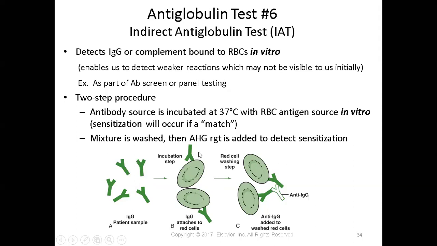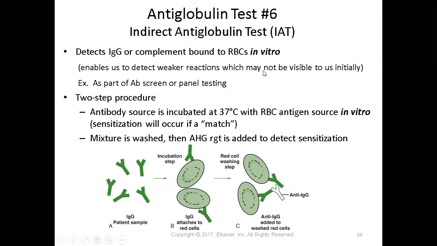So we do a wash step to remove any unbound proteins, and we add our AHG, anti-human globulin, anti-IgG, and lo and behold, what happens? Remember, this is antibody against IgG. It says, hey, there's my target. There's 2 green IgGs, and we see this cross-linking, and now we're going to visualize that agglutination and be able to see that this happened.